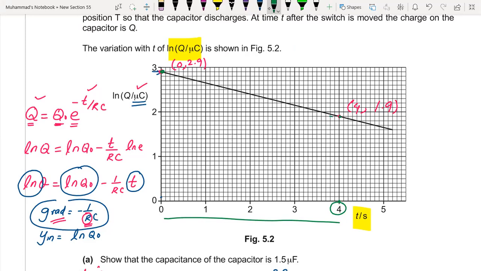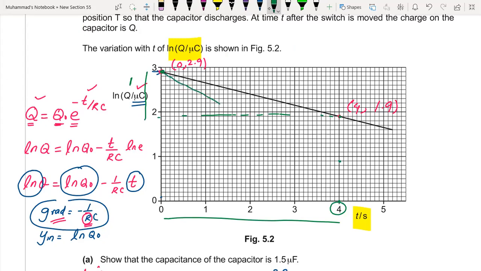So if in the previous case it drops to 1.9 from 2.9, the drop is 1, okay? But in the second case, the drop would be 2 as the gradient is 2. So from 2.9, it would drop to 0.9.